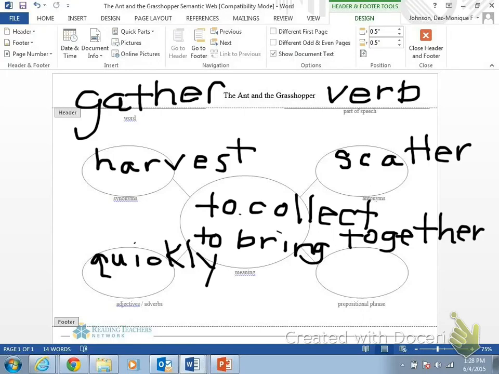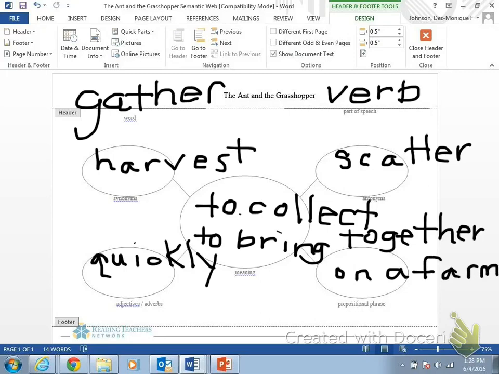All right, now we're ready for our very last bubble, which is where we're going to include a prepositional phrase. So I want to think about a location where someone might gather. Let's think about the ranch. Yep, they might gather on a farm.